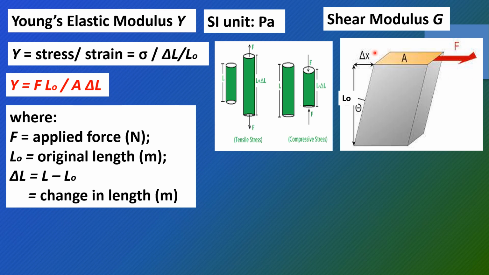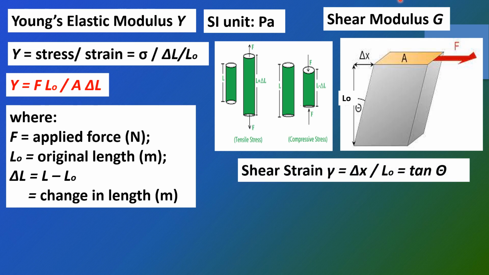For shear stress, any shear stress that causes a body to undergo what we call shear strain, shear stress divided by shear strain is what we call shear modulus, denoted by capital letter G. So shear modulus can also be expressed in terms of the ratio of the shear strain gamma.